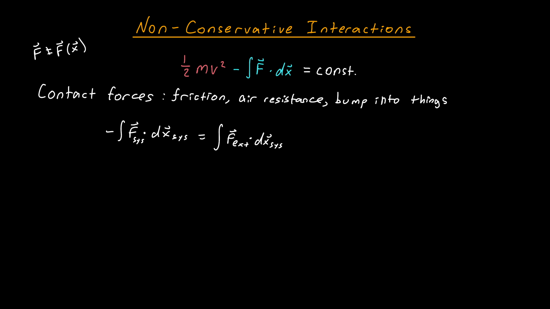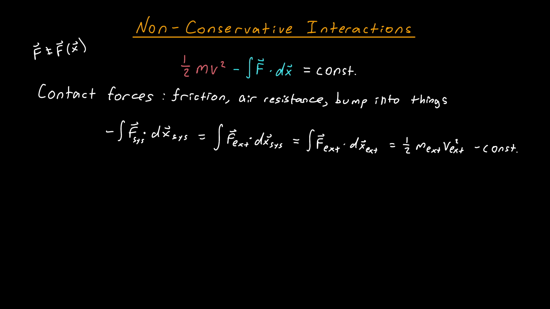But if these two surfaces are in contact, then in that particular case, we can say that dx of the system is going to equal dx of the external object because they're moving together, they're in contact. And so this integral is really f external dotted into dx external, right? We can write that equivalently. And conservation of energy itself tells us that this integral is basically 1/2 m external v external squared, up to a constant, so we can write down minus constant.